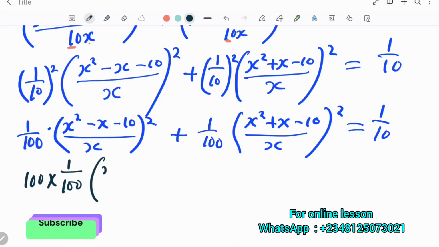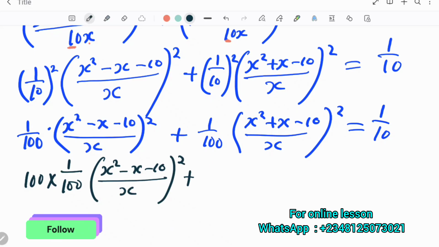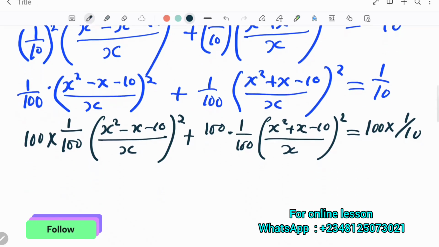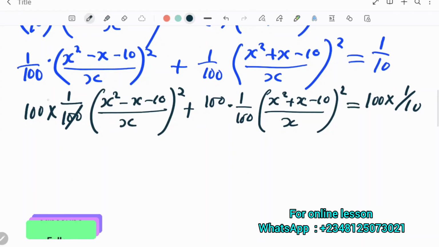Now we multiply ((x² − x − 10)/x)², then plus 100 multiplying 1/100, and we have ((x² + x − 10)/x)², equal to 100 times 1/10. The 10 here takes care of this 100, giving us 10.